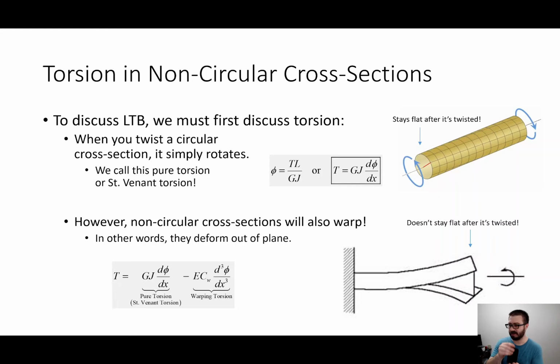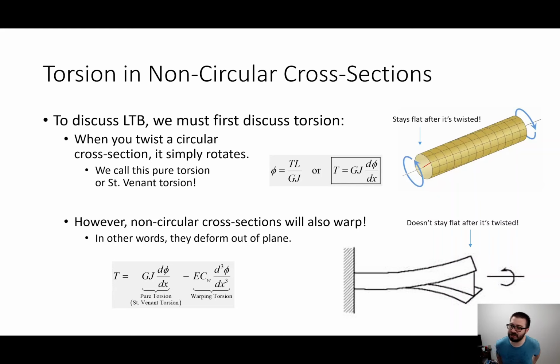If this was the surface of the pipe, when you twist it, it still remains flat. But that doesn't happen for things like I shapes, which aren't circular. Not only do they rotate, but they warp. You can see in this image down below, the flanges deform in and out of plane. It doesn't stay flat after it's twisted.